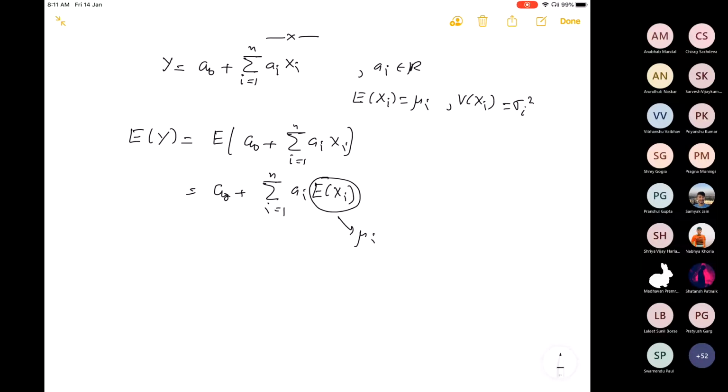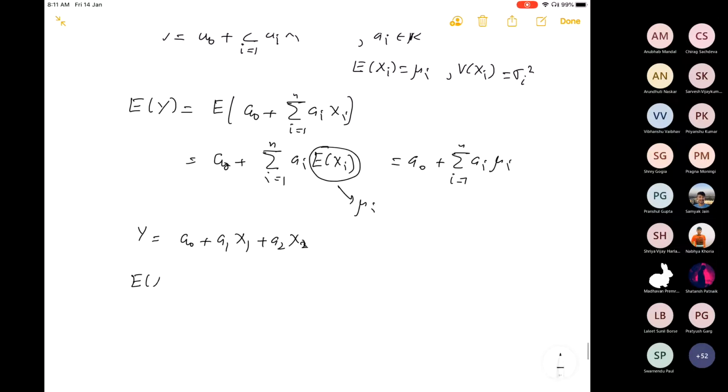So this will be a0 plus summation ai mu_i, i from 1 to n. So for example, if y is a0 plus a1 x1 plus a2 x2, then the expectation of y will be the expectation of this.